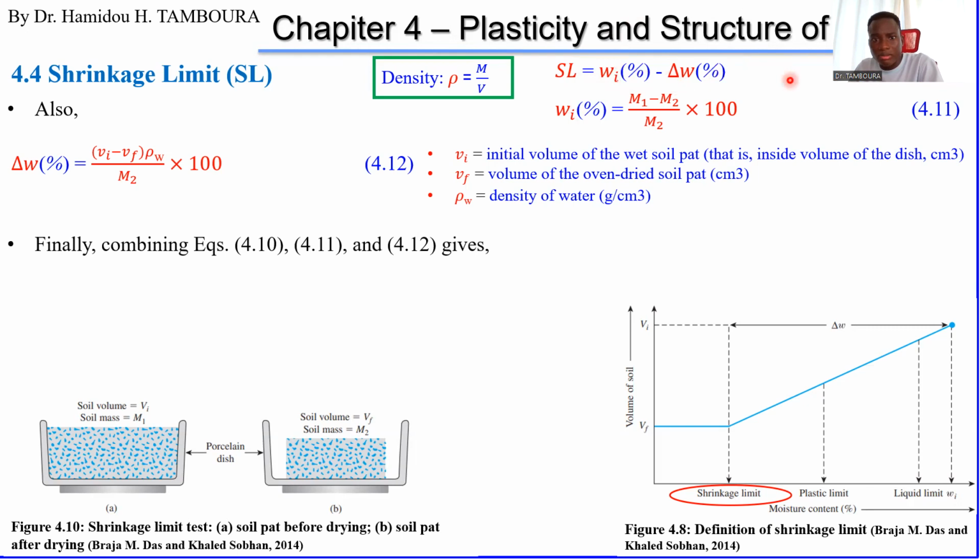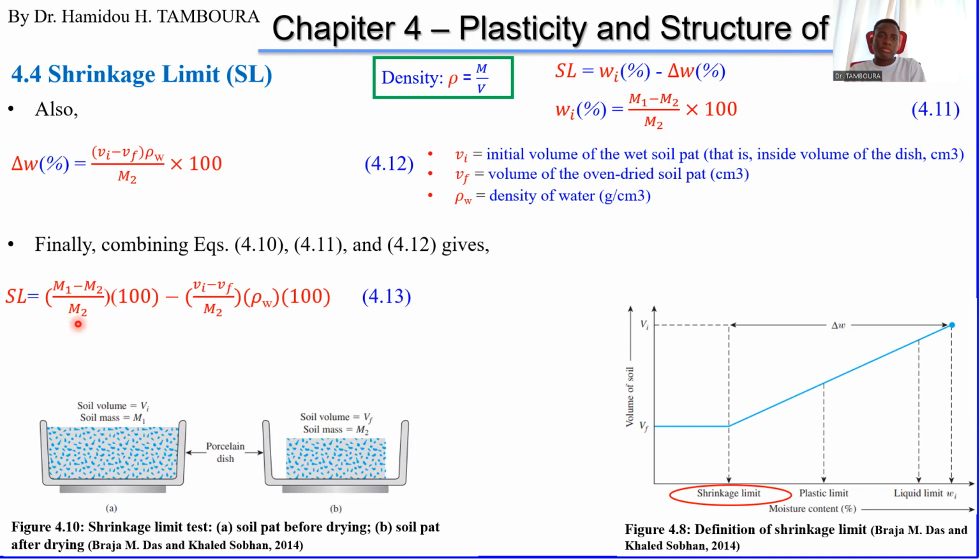And then finally, we can combine this. We can use equation number 10, number 11, and number 12, and we can get this shrinkage limit formula, okay? If you look closely, this part is just this one.